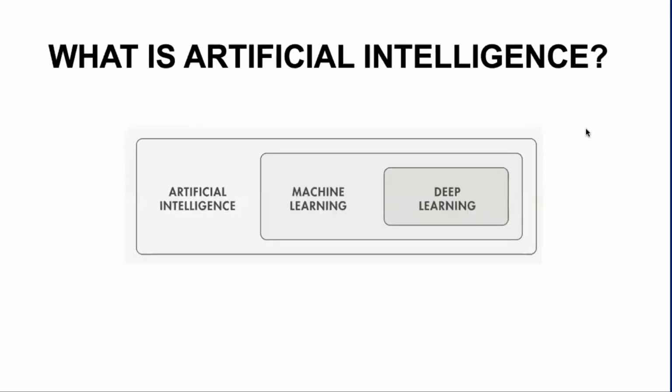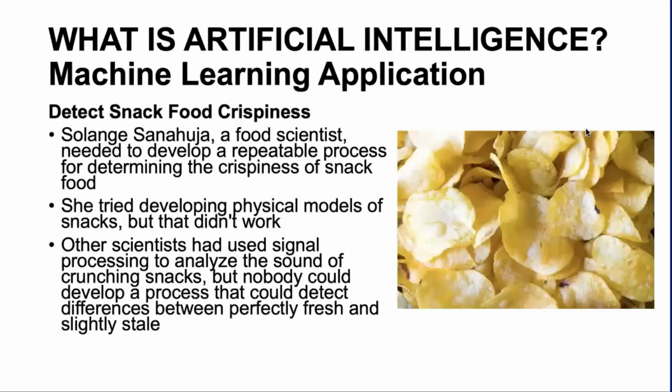Now, this one is to give you a visualization of how these three are related to each other. So all deep learning is machine learning, and all machine learning is artificial intelligence. Okay, so specifically, neural networks are deep learning techniques. So neural networks are machine learning that is mainly for deep learning platforms or deep learning techniques.